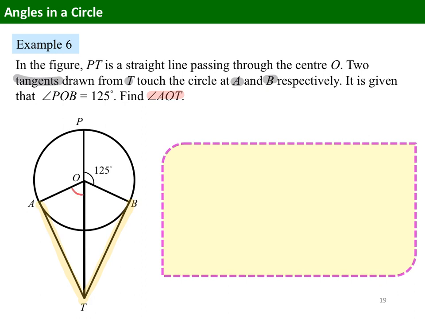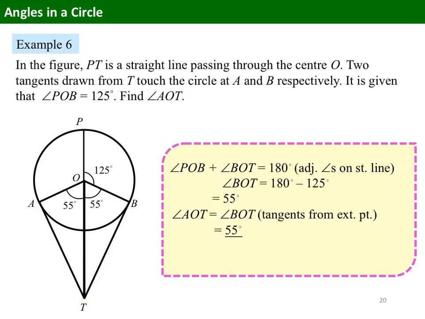First of all, we may use adjacent angles on a straight line here, because here is a straight line, 125 degrees, and then we have this angle 55 degrees. Two tangents make congruent triangles. Then this angle AOT equals 55 degrees here. And you can do the homework now.